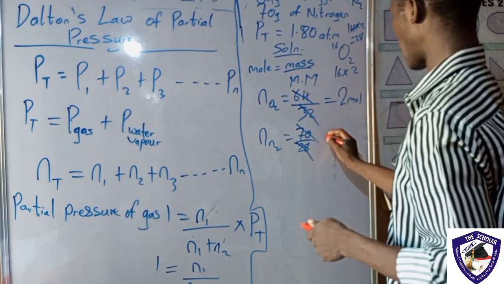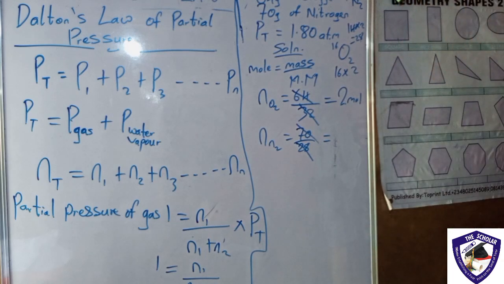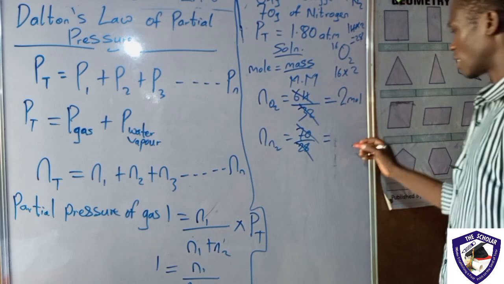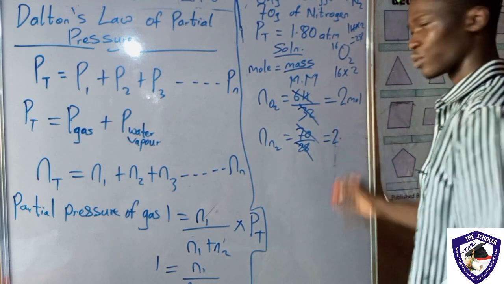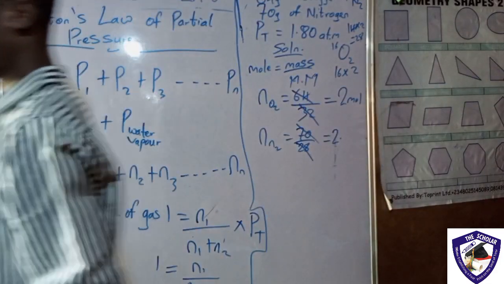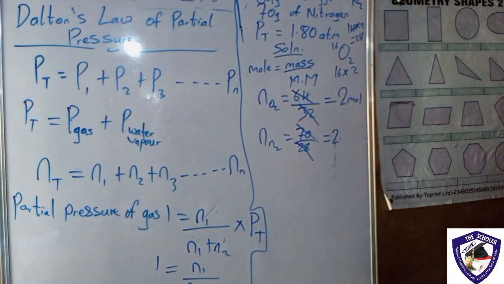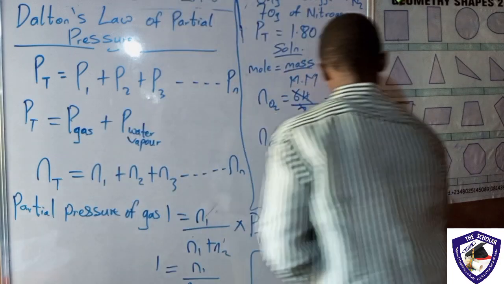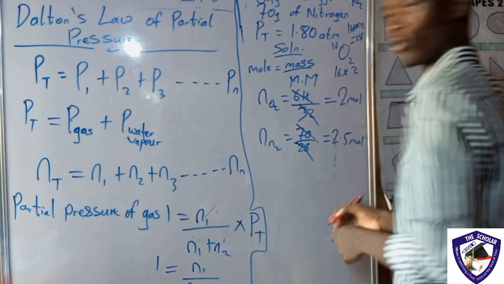Our number of moles is equal to 70 divided by 28, which is exactly 2.5 mole.